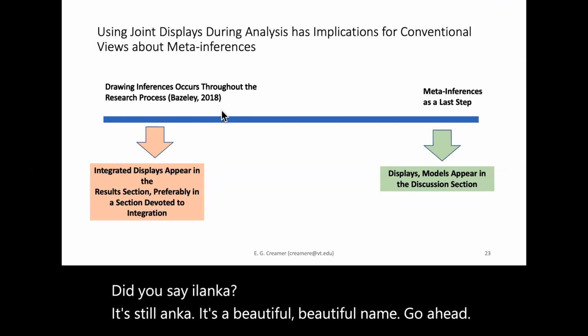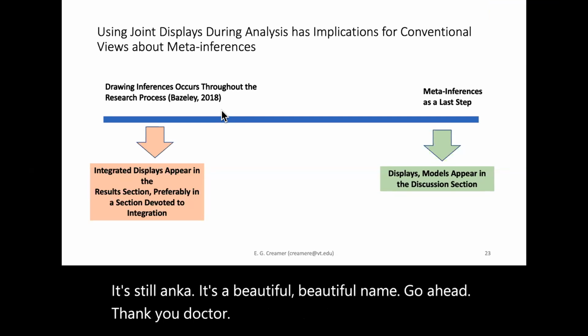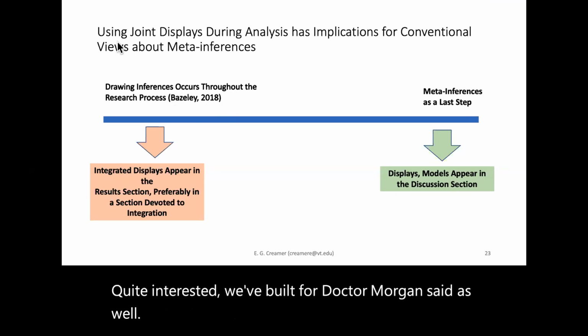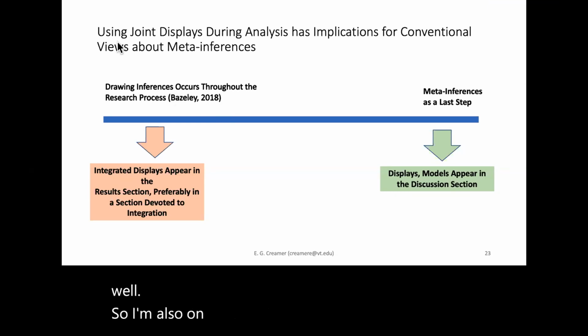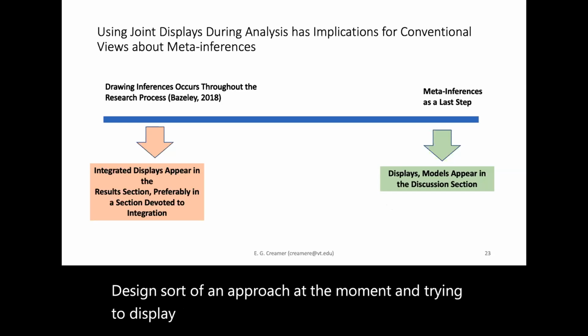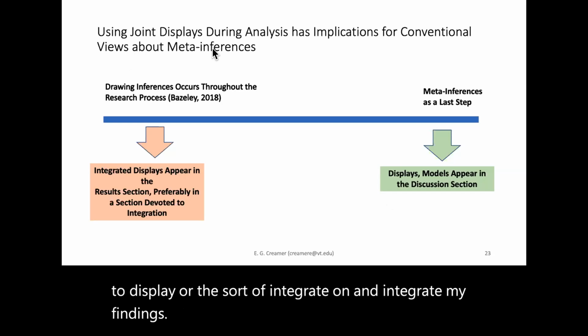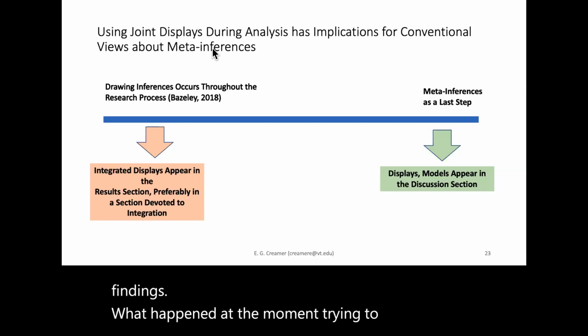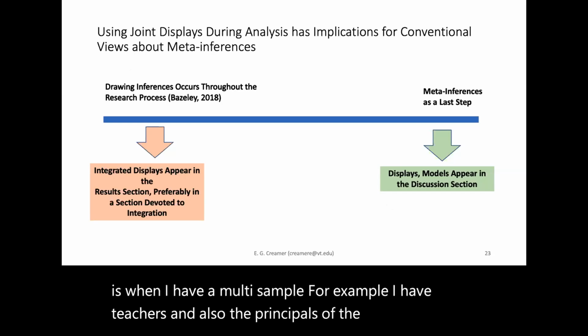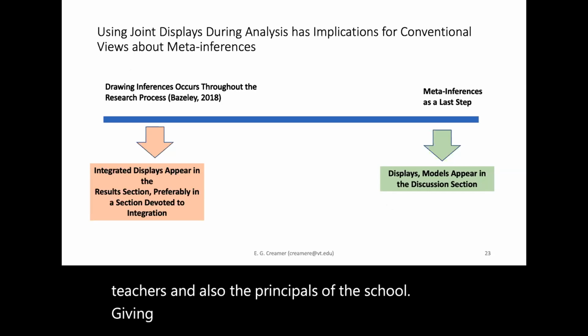Thank you, Dr. Creamer. I am actually quite interested in what Dr. Morgan said as well. So I'm also on a convergent parallel design sort of approach at the moment, and trying to display or integrate my findings. What I'm trying to grapple with is that I have a multi-sample, for example teachers and also the principals of the schools giving information.